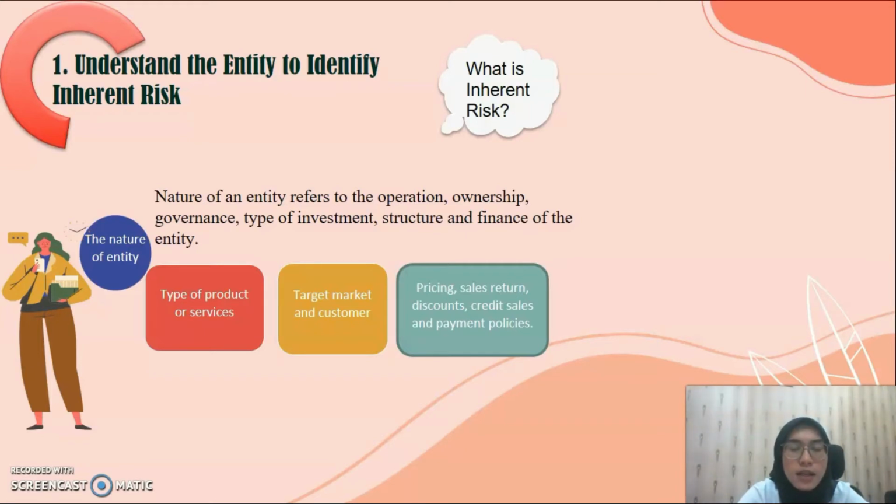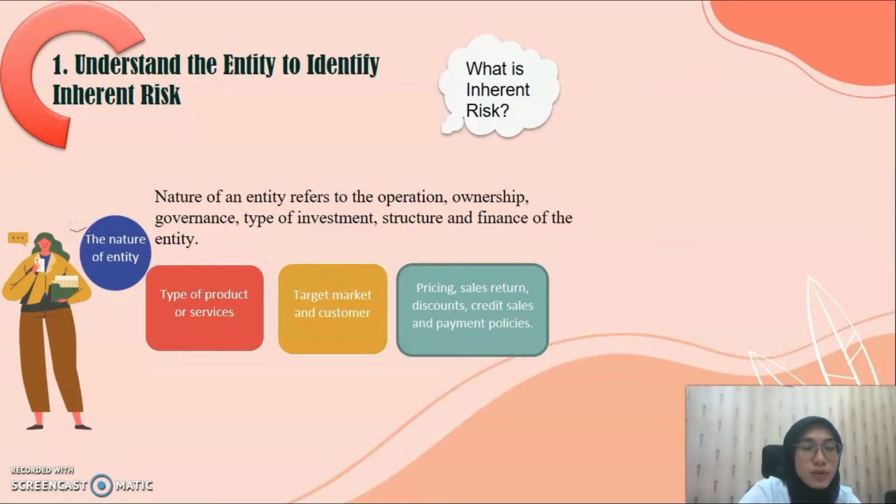This understanding enables the auditor to understand the classes of transaction, account balance and disclosure to be made in the entity's financial statement. In regard to sale and receivable, the auditor needs to understand the nature of the entity's business in terms of 3 things: the type of product or services, target market and customer, and pricing, sale, return, discount, credit sale, and payment policy.